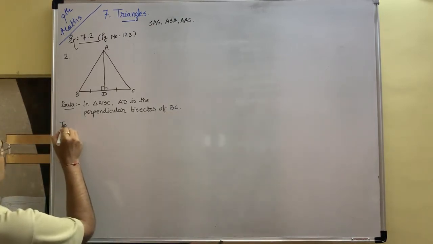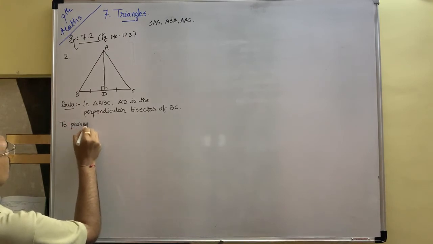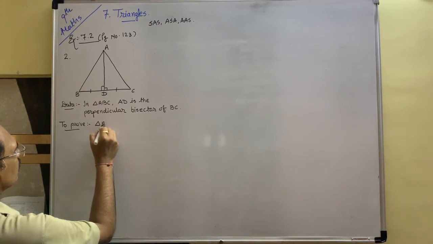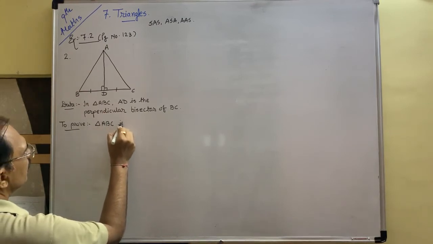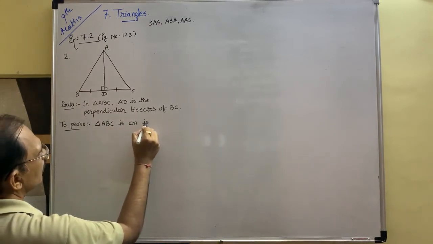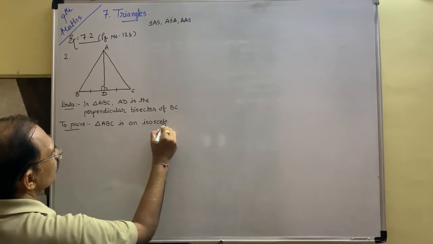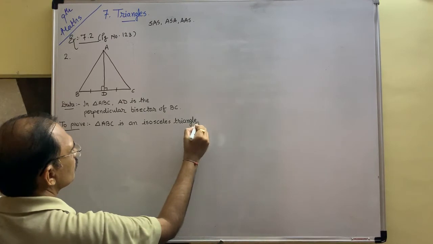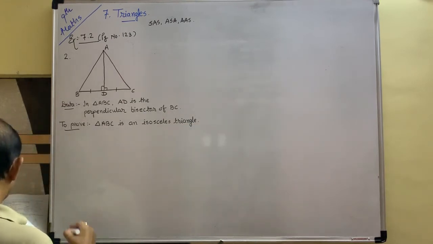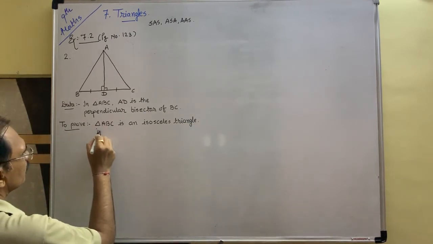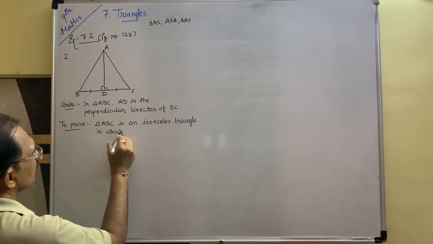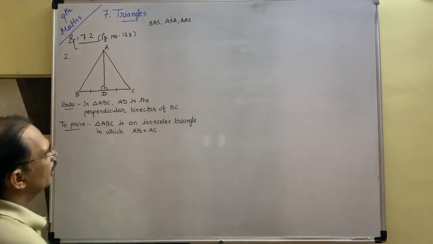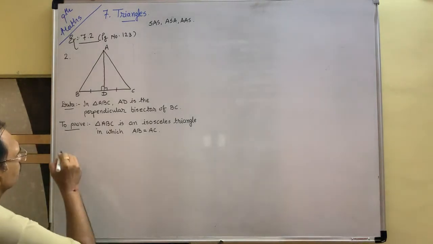You have to prove that triangle ABC is an isosceles triangle, or prove that AB equals AC.